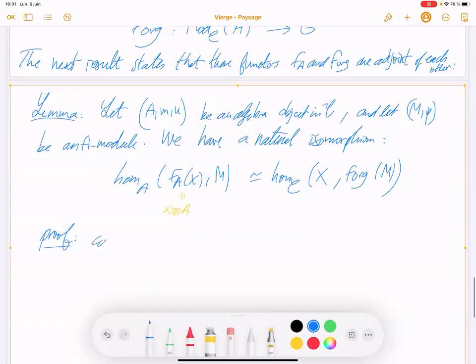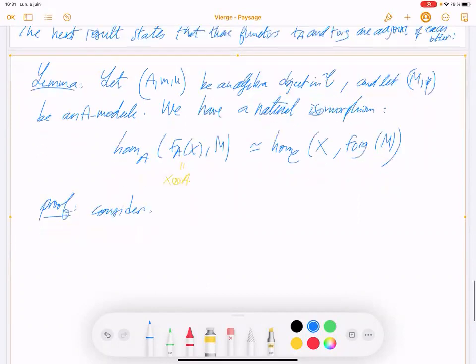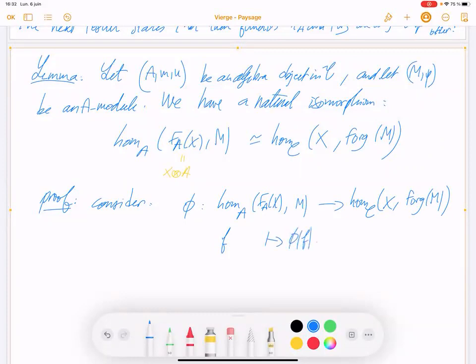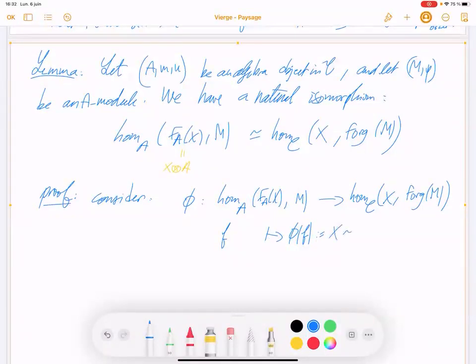So consider phi from Hom_A(FA(X), M) to Hom_C(X, Forget(M)), and f maps to phi of f, which is the morphism from X, which is X tensor 1, to M given by the following composition.